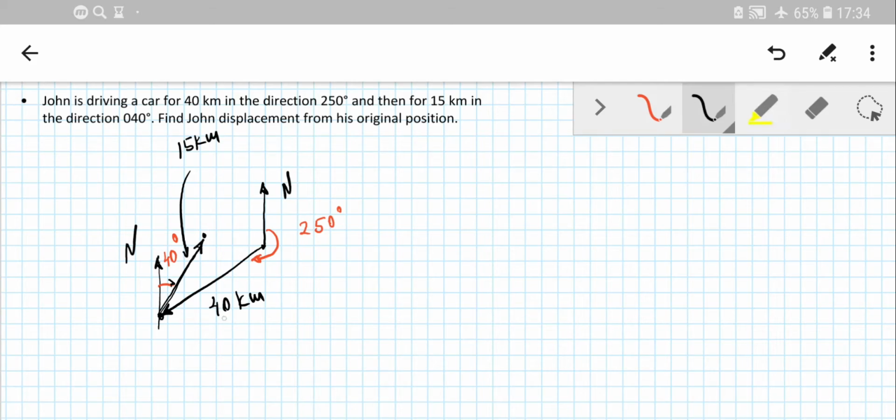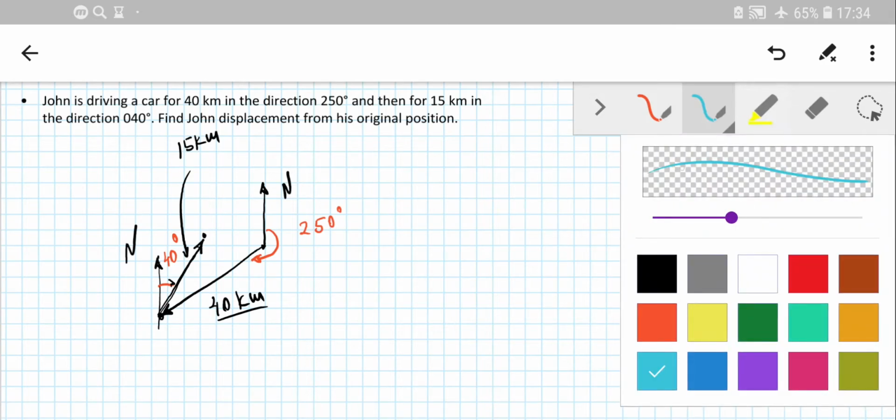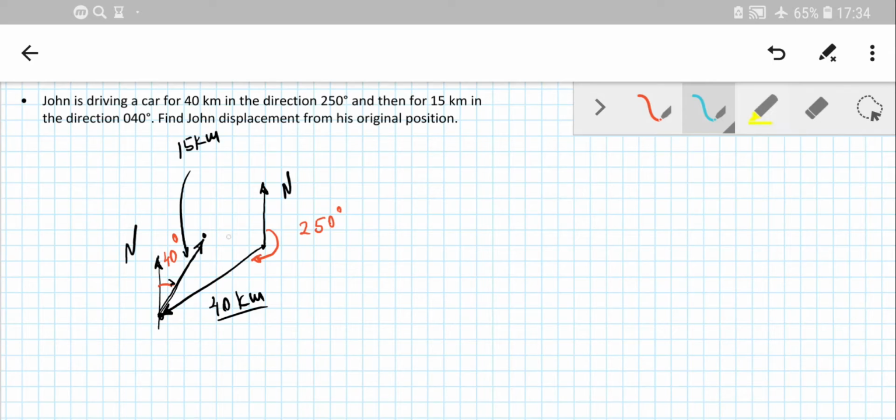So we've got one vector of 40 kilometers and another of 15. All right, so what we need to do is find the displacement. I used the blue vector to indicate the displacement. Displacement always starts from the original position and ends where the last vector ends.